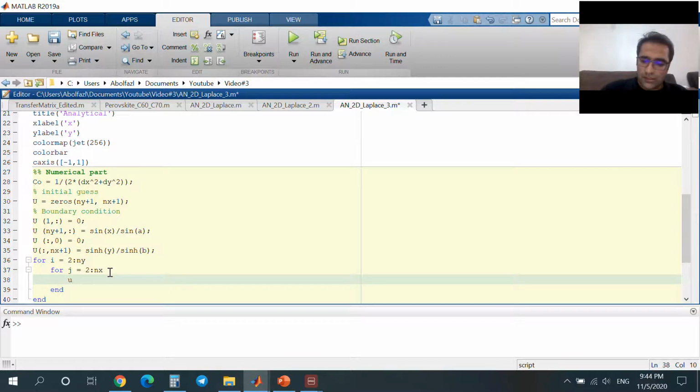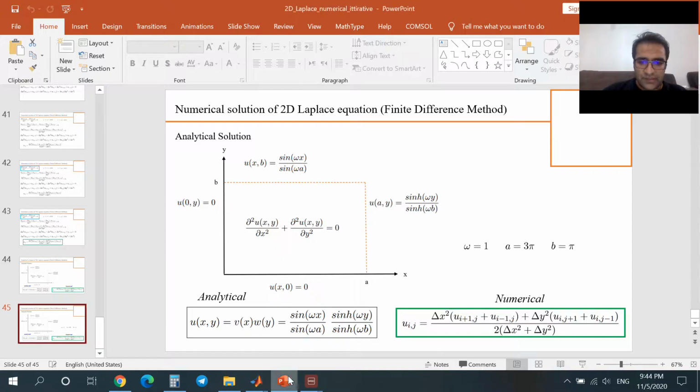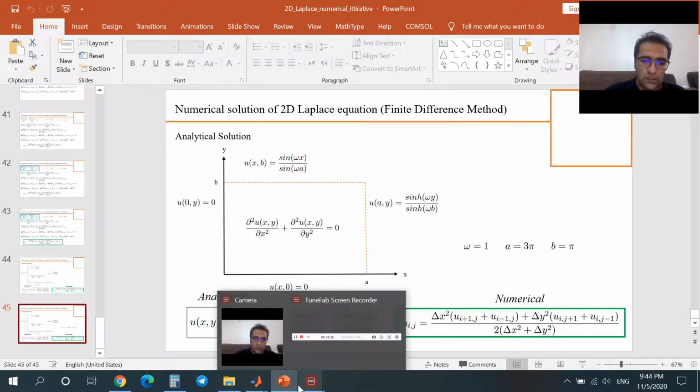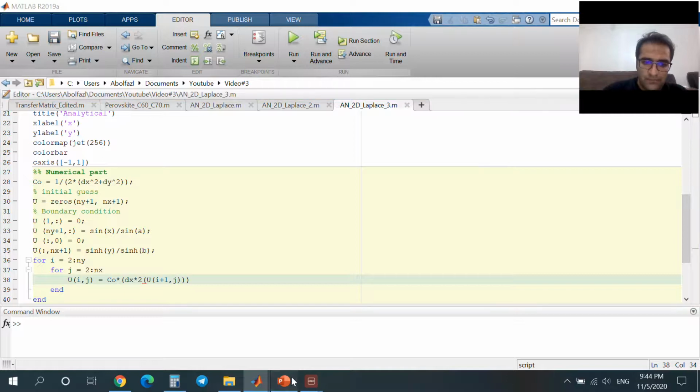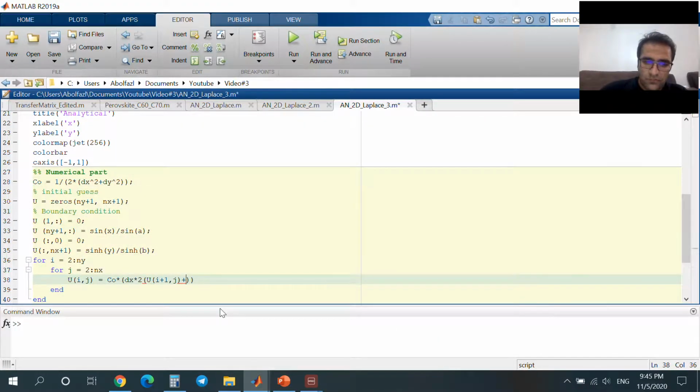What we have is capital U(i, j), right? Capital U(i, j) should be a coefficient multiplied by this one, dx squared multiplied by U(i plus 1, j) plus U(i minus 1, j), right?